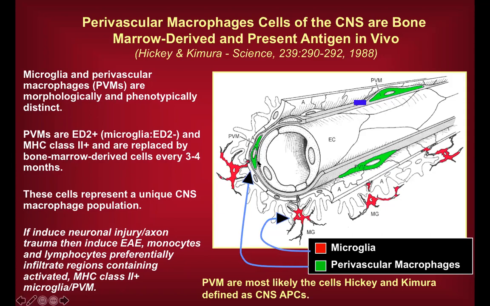So they first identified that these paravascular macrophages that we've talked a little bit about could present antigen, and they knew they were presenting self-antigen because it was causing this EAE disease, okay? They were using different labeling, and they could also see that there were microglia close by, but these microglia really weren't presenting antigen in the situation. So they're really the first to show that the paravascular macrophages had a full capacity to present antigen, which is a big deal in 1988 and why it was published in Science.